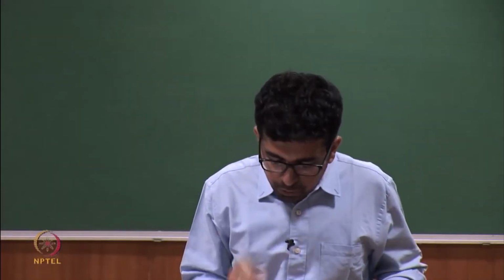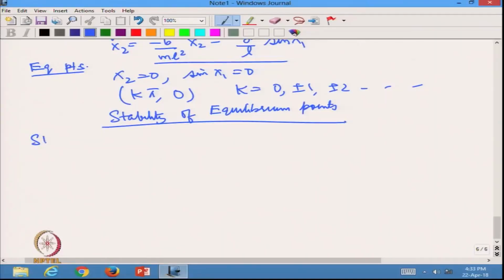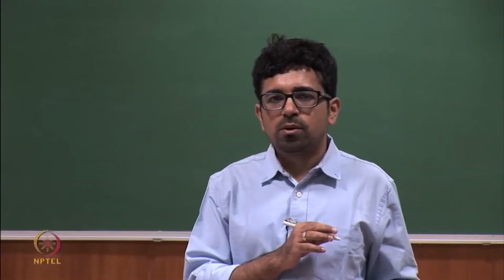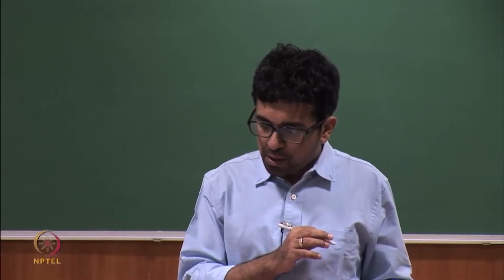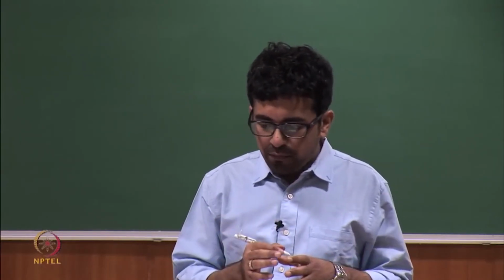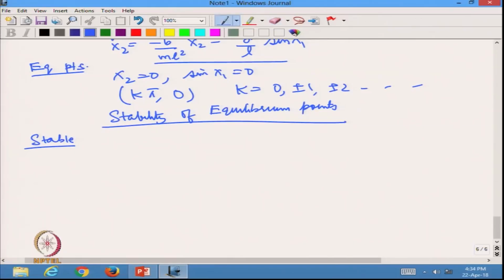So, you could of course look at the mathematical definitions of stability from the book, but here I will just give you a flavor of that. So, x star is the equilibrium point, and we start in the neighborhood of the equilibrium point. So, let us say we start from x from here.